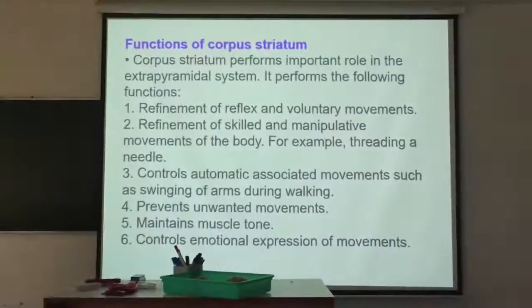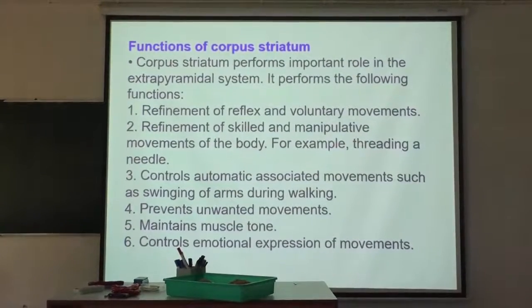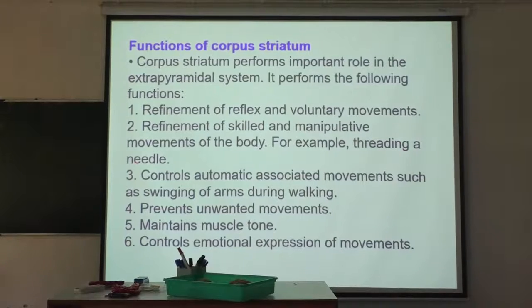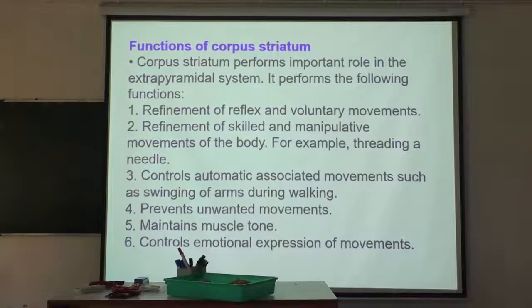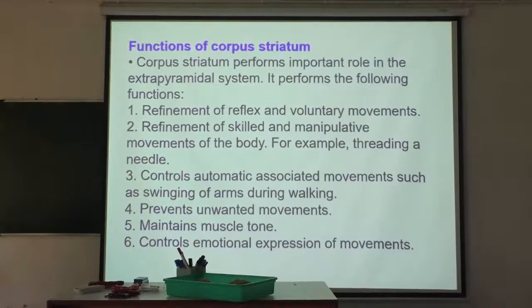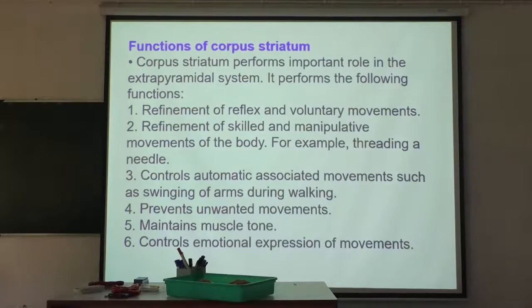It performs the following functions: refinement of reflex and voluntary movements, refinement of skill and manipulative movements of the body, for example, threading a needle, controls the automatic associated movements such as swinging of arms during walking, prevents unwanted movements, maintains the muscle tone and controls the emotional expression of the movement. So all these are functions of the corpus striatum.